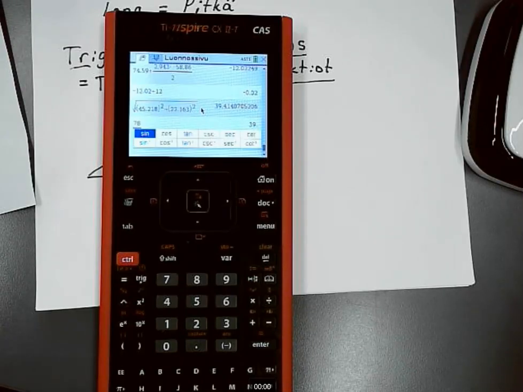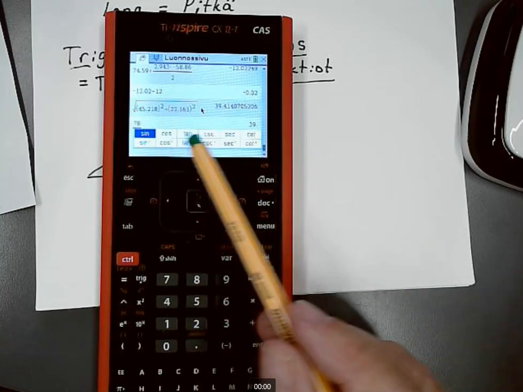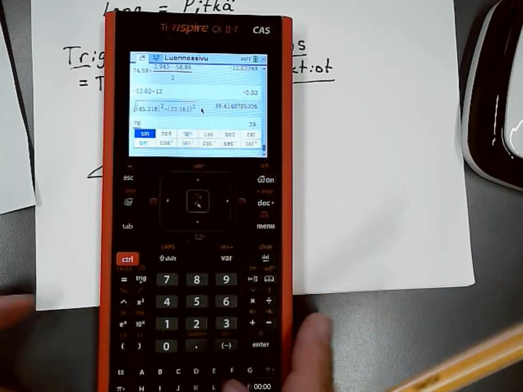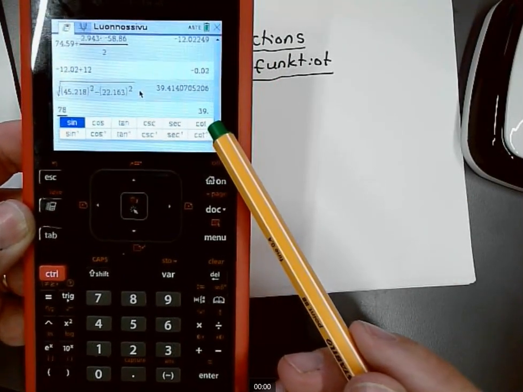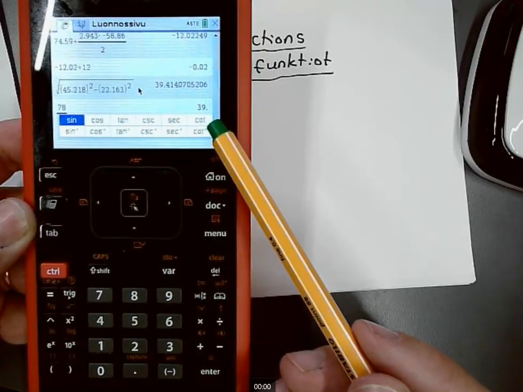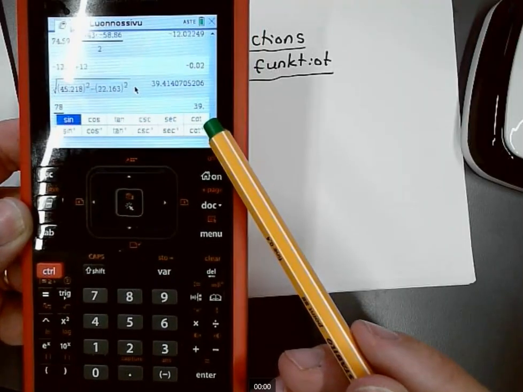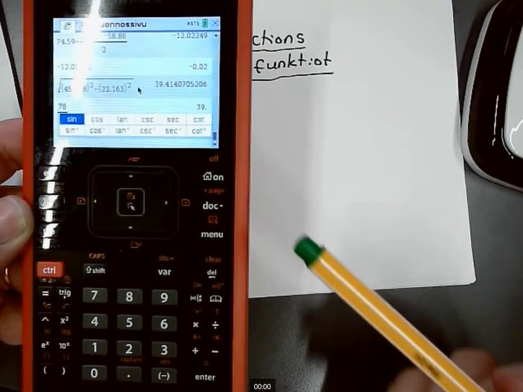Well, I have to say that I mostly have been a teacher for civil engineering, and in their studies, I would say that sin, cos, tan are enough. Sometimes they need cotangent somewhere in some concrete calculations. I mean the material called concrete.